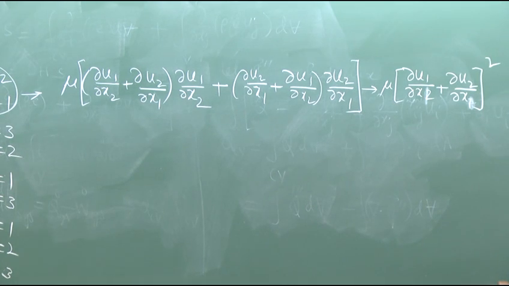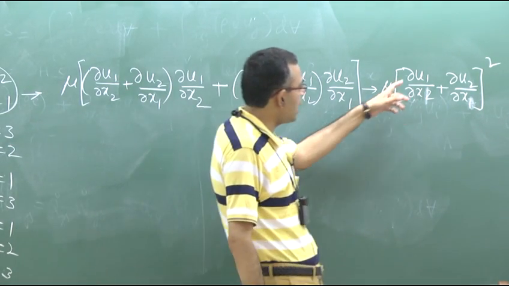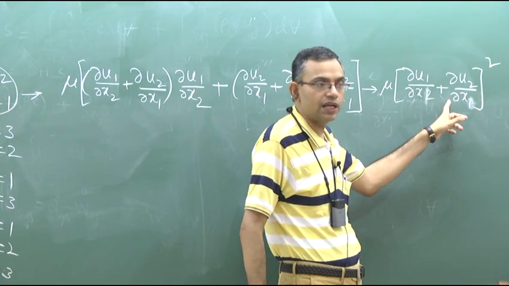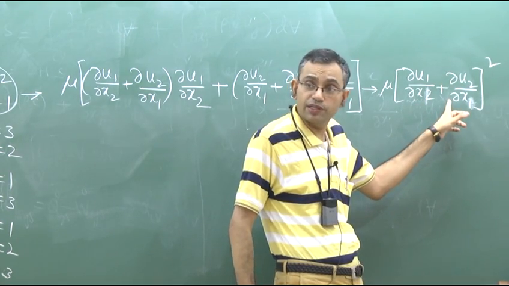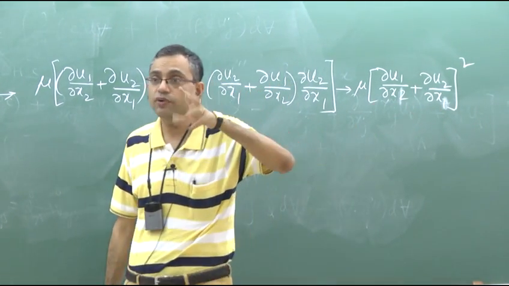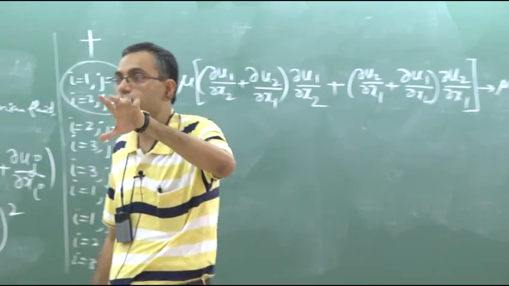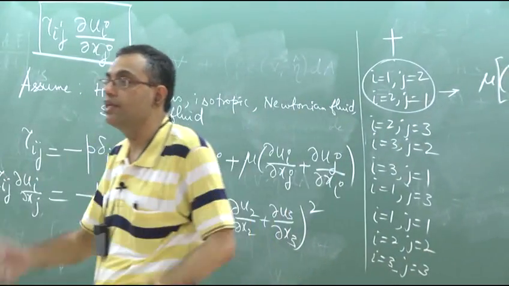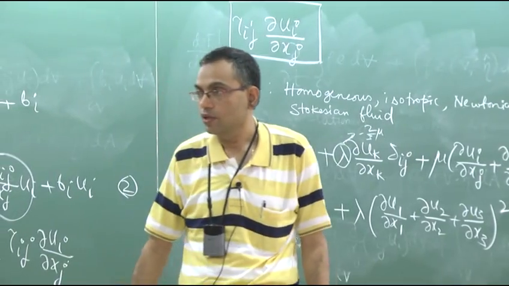So can you physically interpret this? This is like del u del y plus del v del x, rate of deformation. So square of rate of deformation times the viscosity is actually giving rise to a heating effect. Okay.